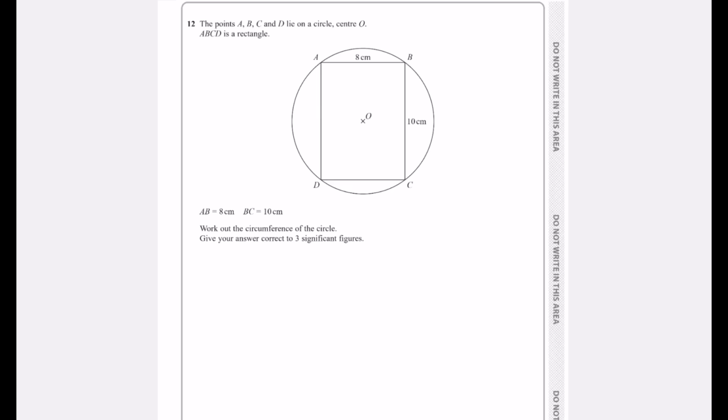So this is a Pythagoras question. In order to work out the circumference, we need to do either 2 pi r or pi times the diameter.